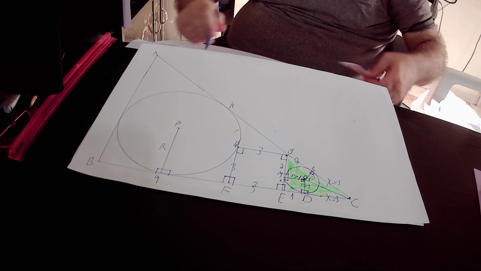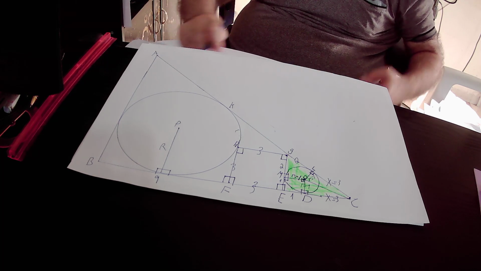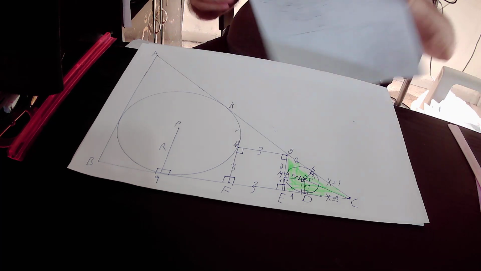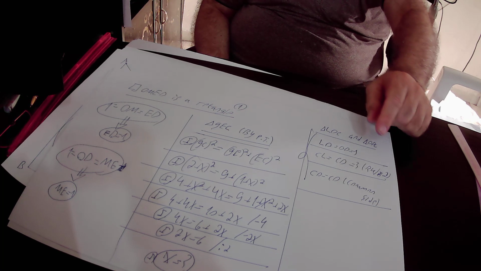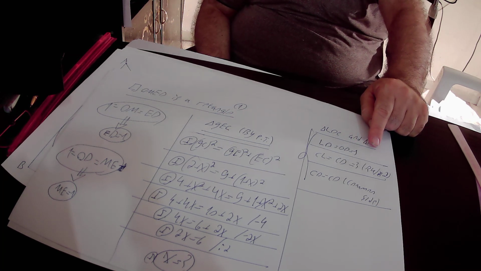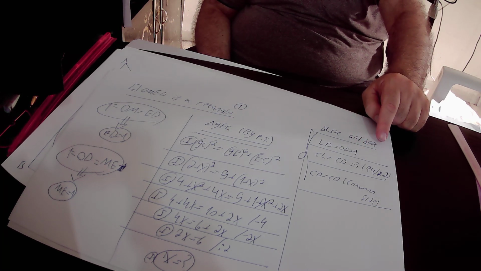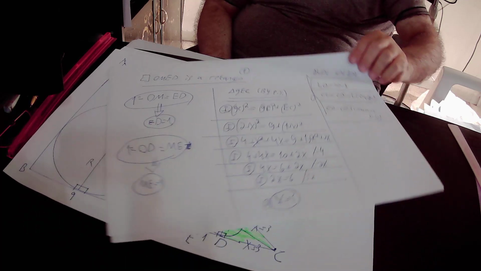So we actually found out that the two small green right triangles are congruent according to the side rule. Okay, so I write it down.